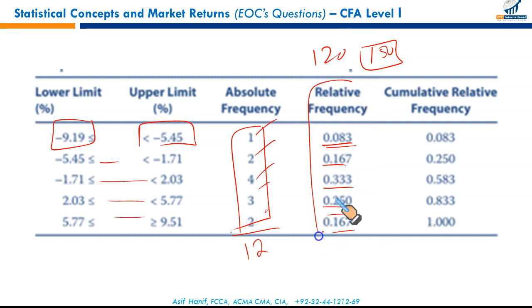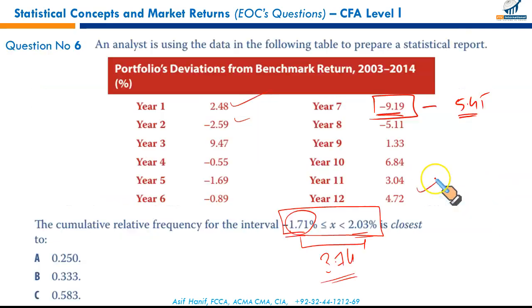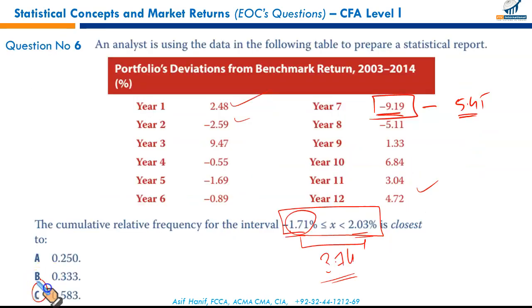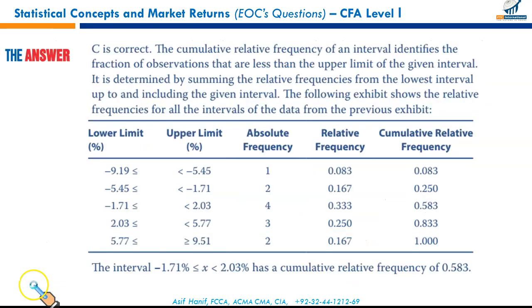This is your relative frequency. Since the question specifically required the cumulative relative frequency, we accumulated the results in this last column, and we needed the class negative 1.71 to 2.03, which gives us 0.583. That makes C the correct option. C it is.